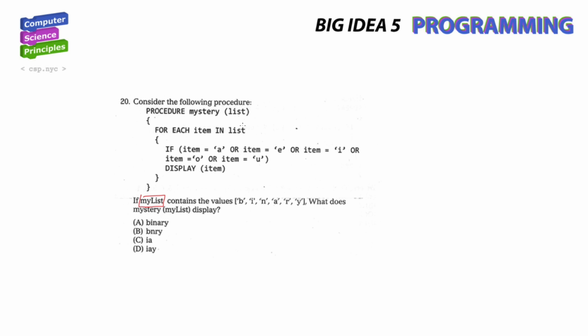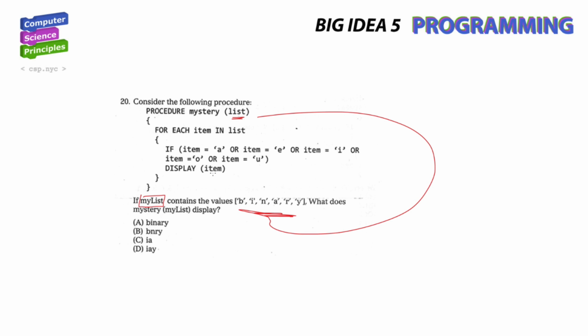So when we look at this procedure, if we put the letters binary inside, so all of these letters, if we put them inside that list, for each item in the list, if item equals A, E, I, O, or U, so basically if the letter is a vowel, we're going to display that item.